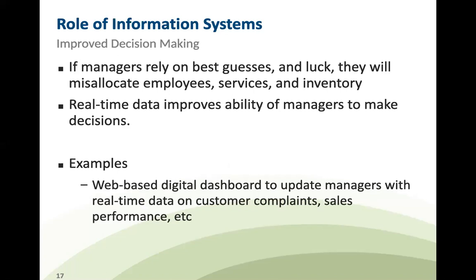So if the managers are just going to rely on guesses and basically luck, right? Sometimes they will misallocate employees, services, and inventory because they don't know for sure what is going to happen. So they will just randomly think and guess things and allocate resources accordingly. But anyway, it will not end up well.